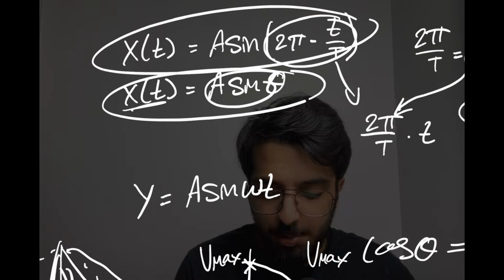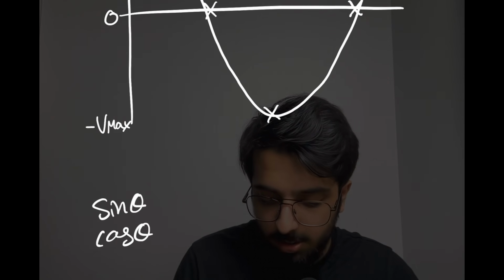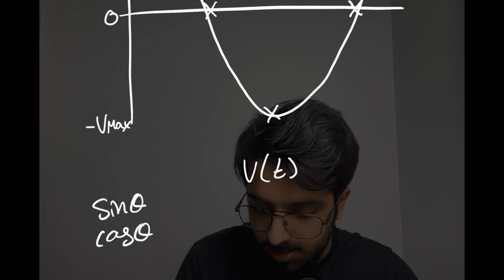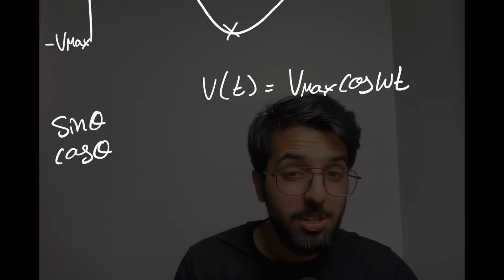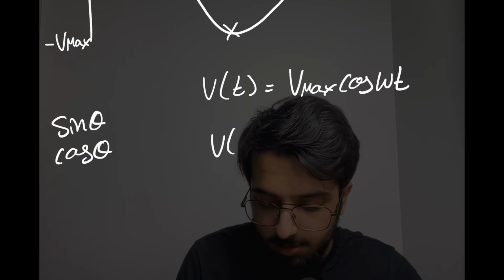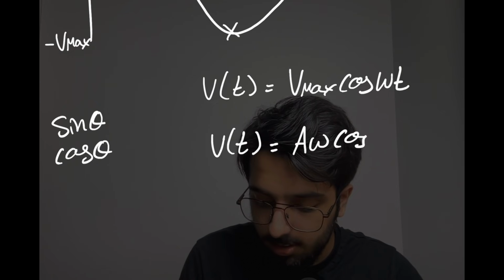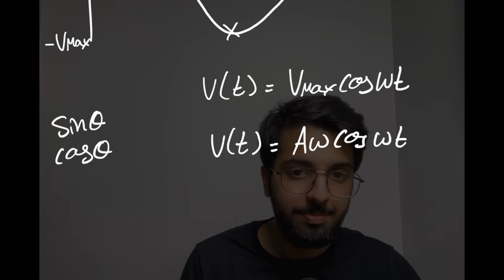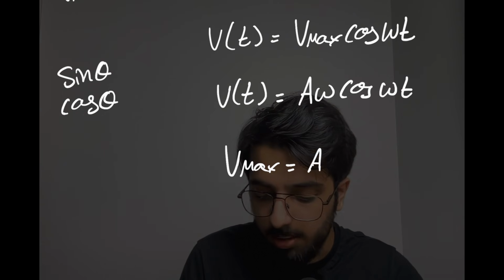And theta can also be replaced by omega t, as we did up here. So we get our velocity at time t is equal to Vmax cos omega t. Now in your formula sheet, you probably have it as V of t is equal to a omega cos omega t, right? But Vmax is equal to a omega, right?